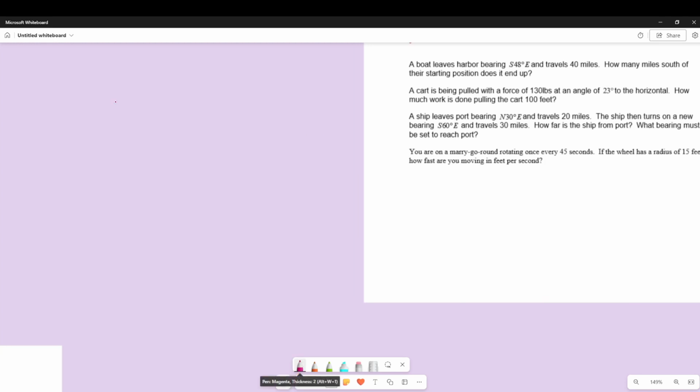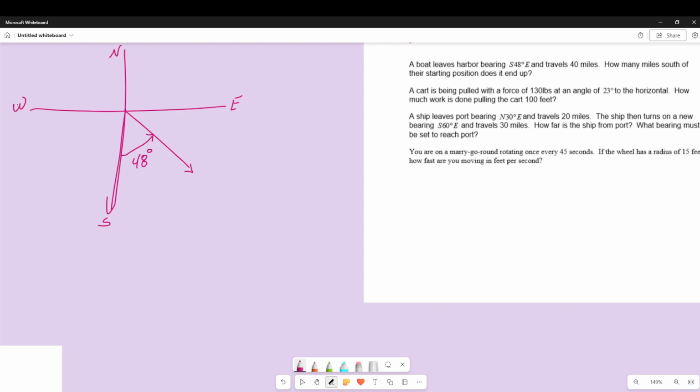Okay, boat leaves harbor. We do like our boats here in Trig. Bearing south 48 degrees east, so facing south and turning 48 degrees towards the east. So they're going that way, assuming our standard compass rose.